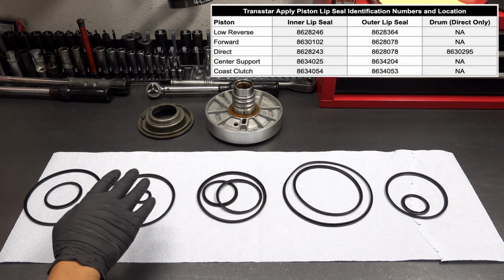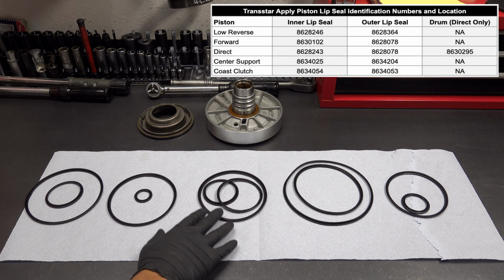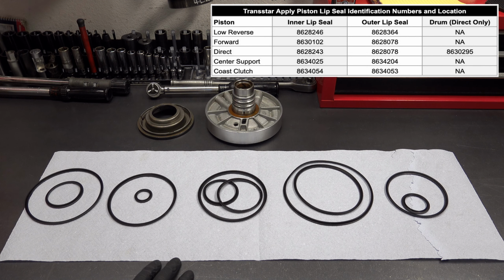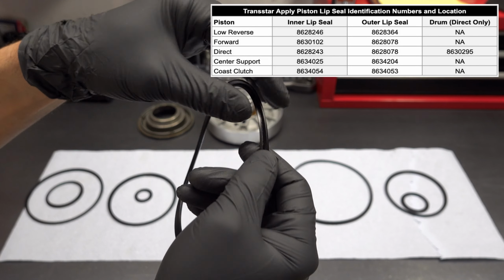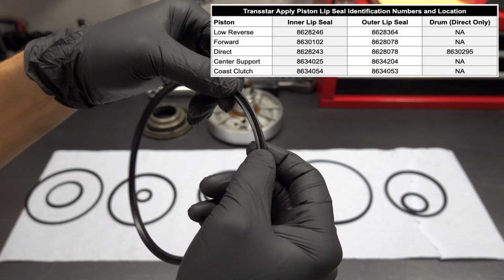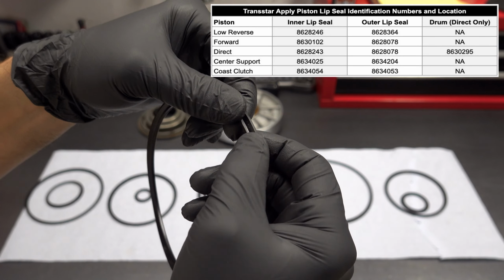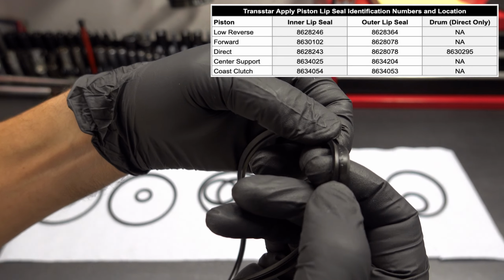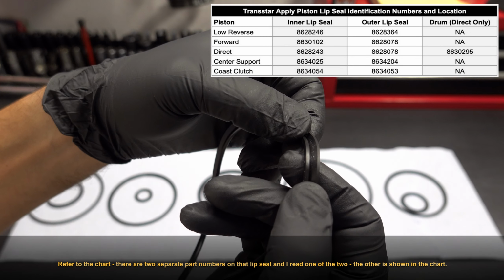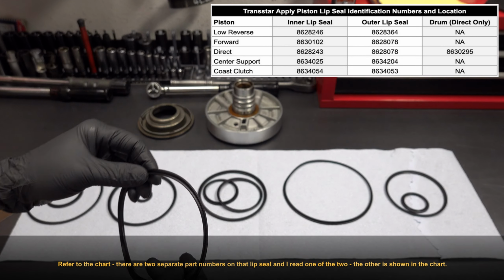Okay, that's going to apply for the forward drum and the direct drum apply piston outer seal. The center support inner seal is going to have a part number of 8645003. At least I think that's what it says. If that's not correct or I'm misreading it, then I'll annotate.